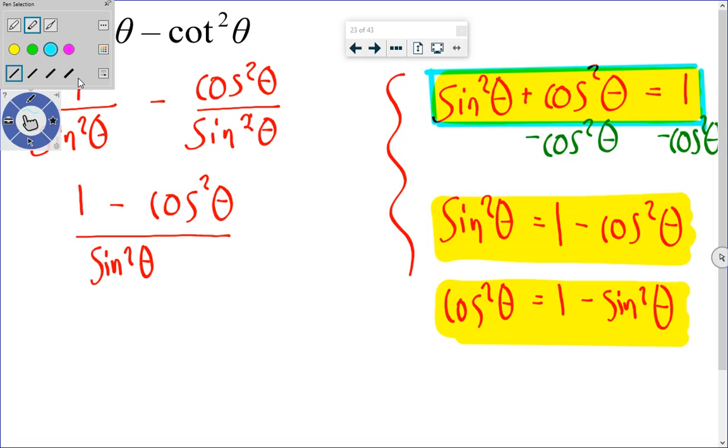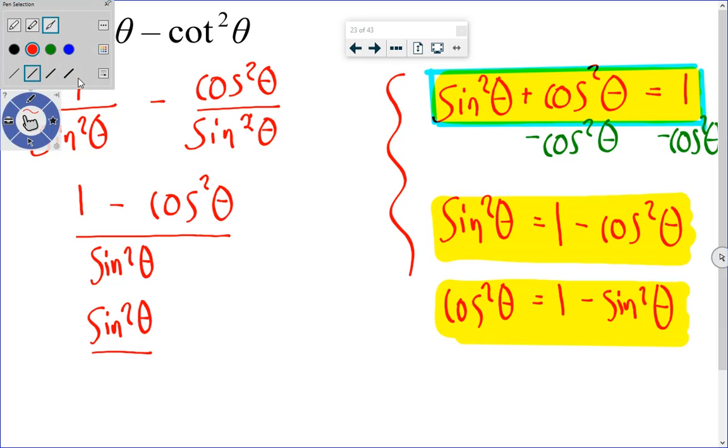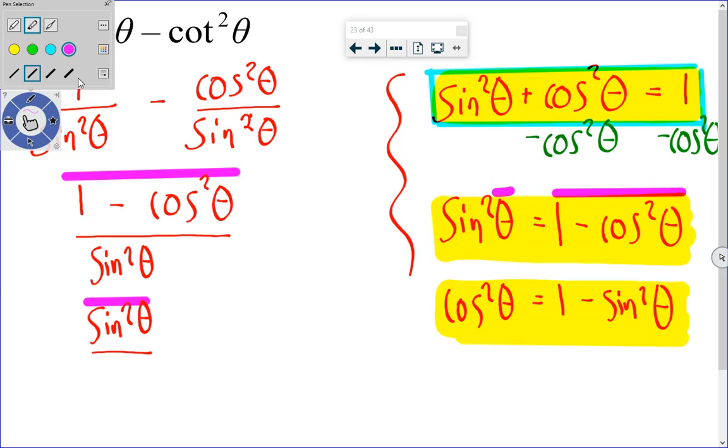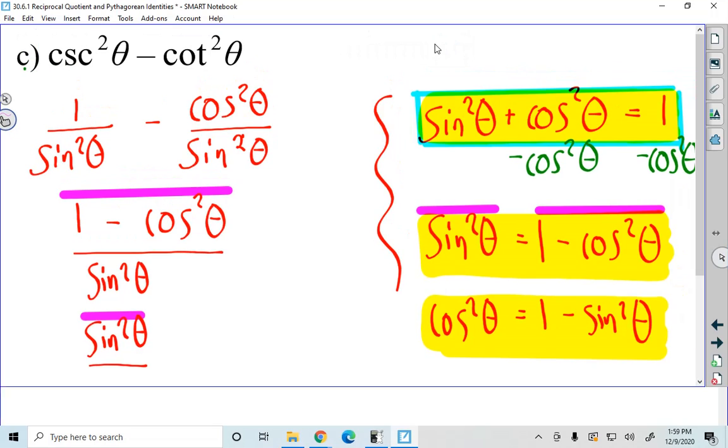Now I have more experience than you, I know that, but when I see this thing, I immediately say the top is sine squared of theta, because 1 minus cosine squared is sine squared. This is the same as this because 1 minus cos squared is the same as sine squared.